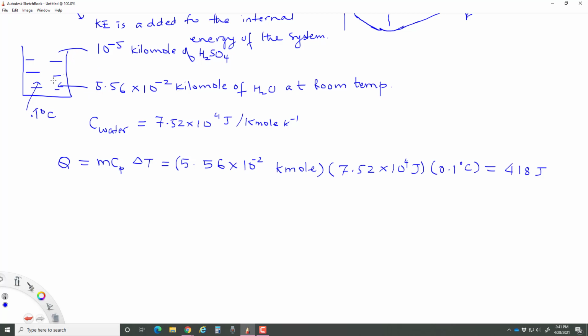So then the chemical potential gained by the water is heat absorbed per mole. Okay, that's the chemical potential, heat absorbed per mole.